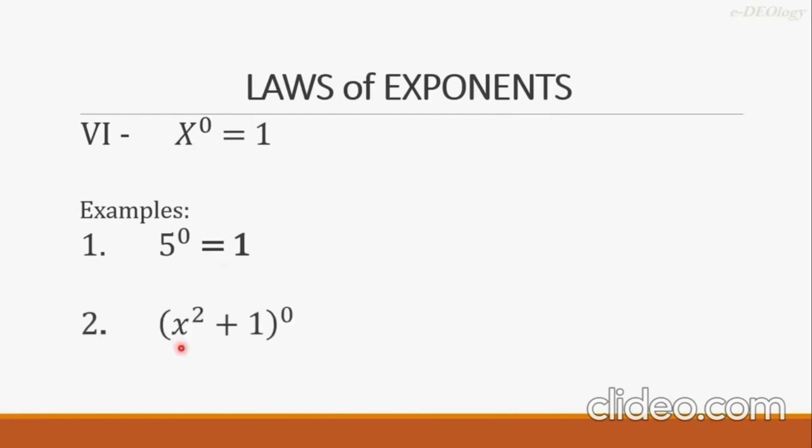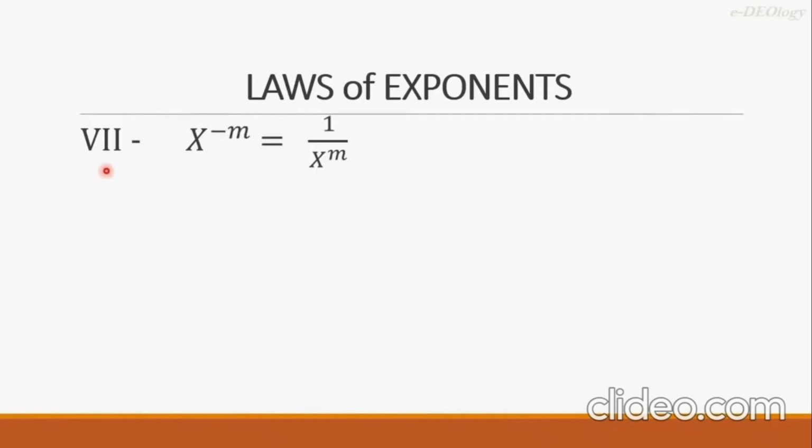The second example is the quantity x squared plus 1, all raised to 0. So this polynomial here, because of the 0 power outside, everything is boiled down to 1.